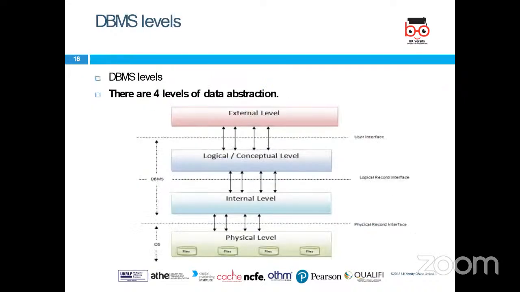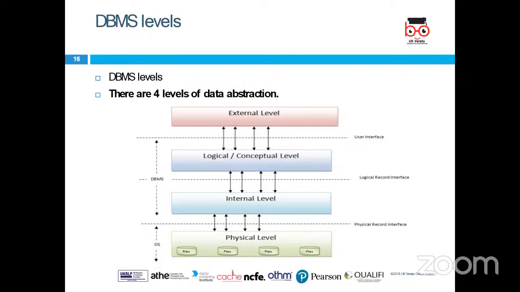So as you can see, there are various levels of data abstraction, where we have the physical or internal level, the logical or conceptual level, and then we conclude with the external level.